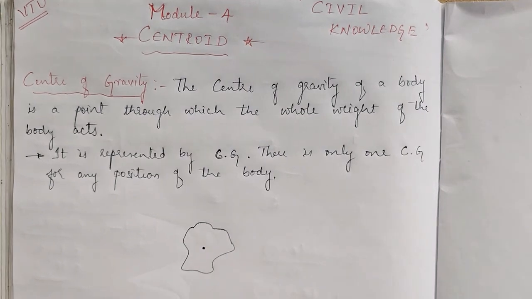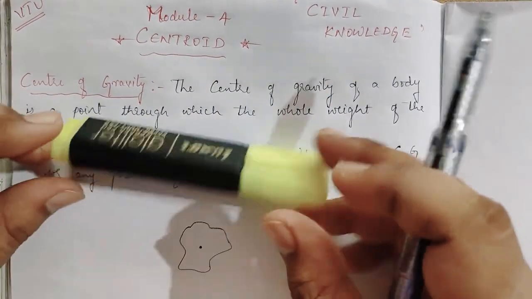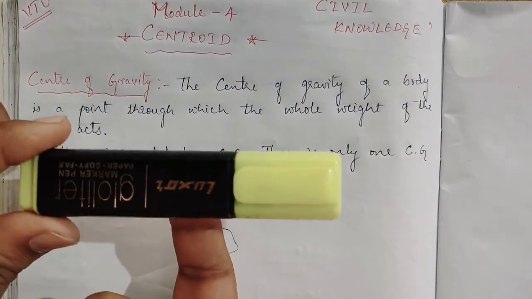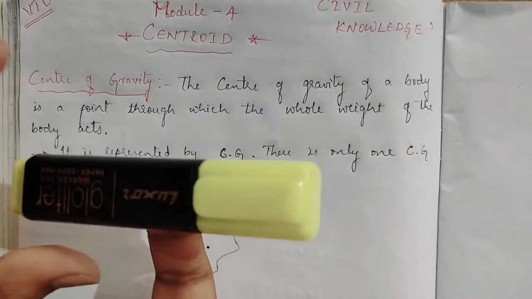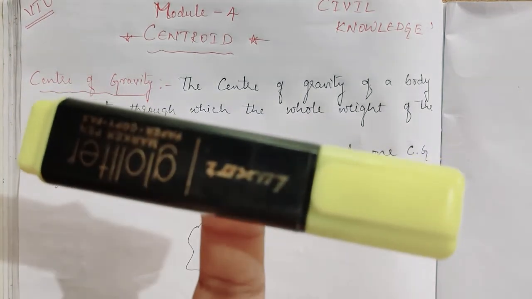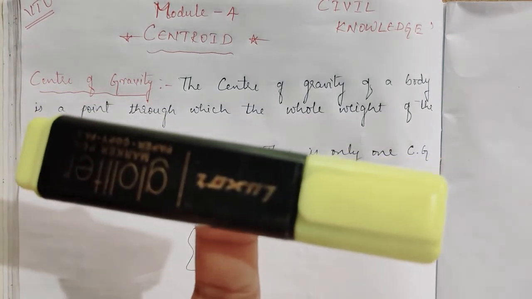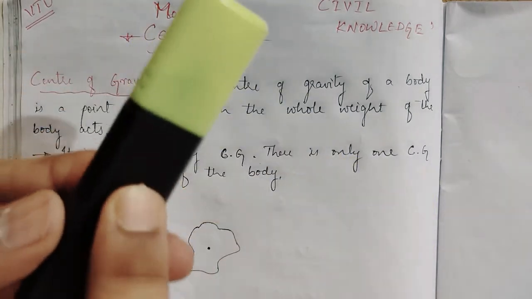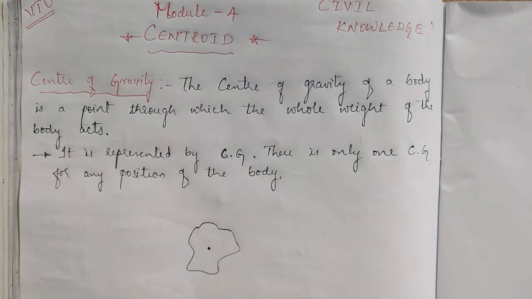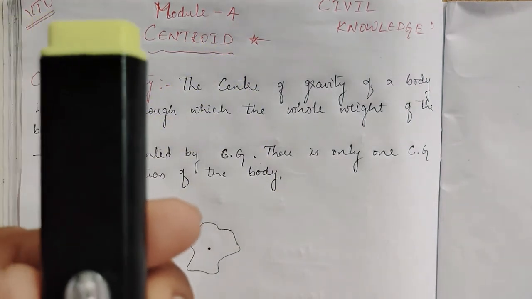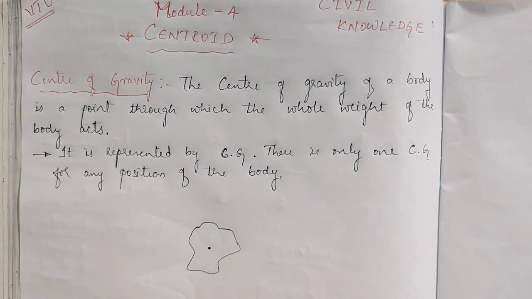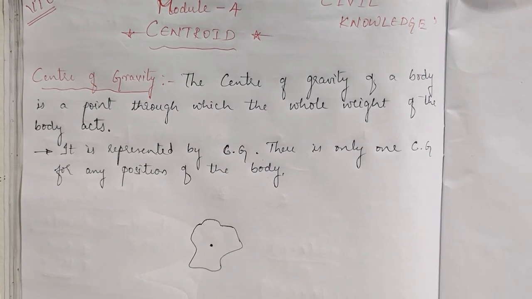If I take this highlighter, the weight will be concentrated where I keep my finger, and it will start floating. See here. The point where this highlighter stays in a stable form is called the center of gravity. So for this highlighter there is a center point, a point through which the whole weight of the body acts.